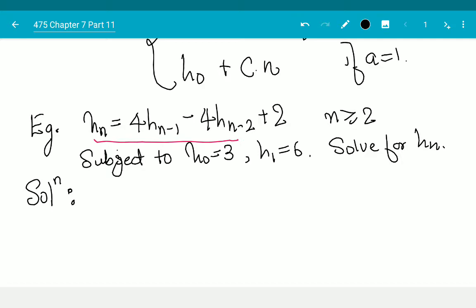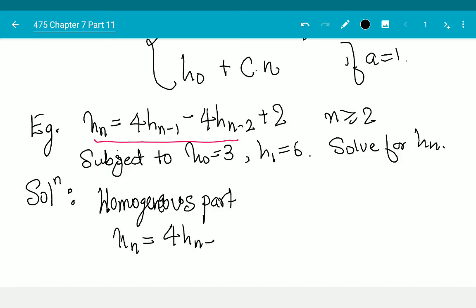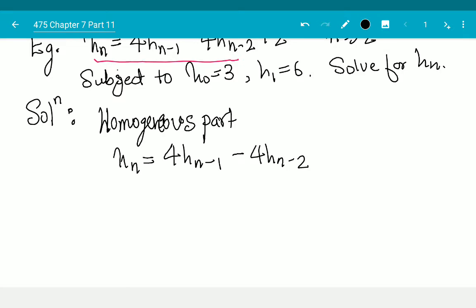The non-homogeneous part is the complete thing, but just one solution of it is good enough for you. So here's how we are going to do it. For the homogeneous part, I have h(n) is equal to 4h(n-1) minus 4h(n-2), and we have seen in the previous section how to solve this.